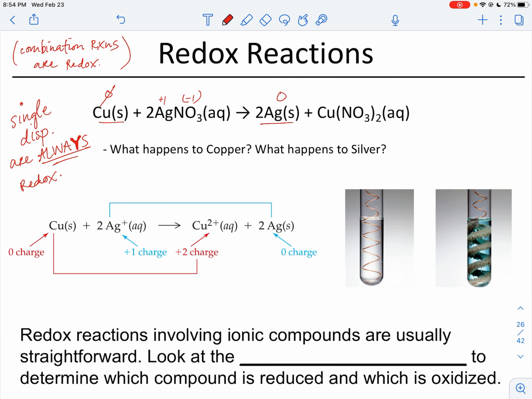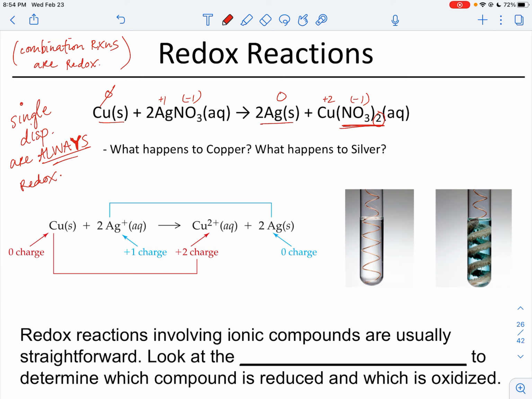Now copper is in a compound, so it's the cation here, combined with 2 nitrates. You see this little subscript 2. Nitrate is still just -1. Nitrate does not change. But copper is no longer 0. It was 0 on the reactant side, but now it's a +2 cation.